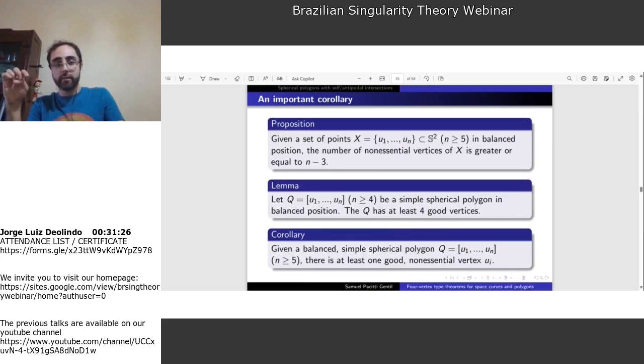If you look at these numbers here, we can already see something interesting. The corollary is then the following. A balanced and simple spherical polygon must have at least one vertex which is good and non-essential. And this will be important because this will allow us to use an induction argument on a given polygon.